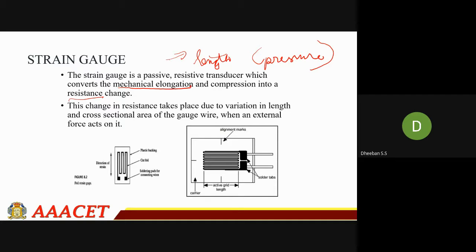Based upon the pressure, the material gets compressed or elongated. So based upon this length, the resistance gets varied. The change in resistance takes place due to the variation in length and cross sectional area.